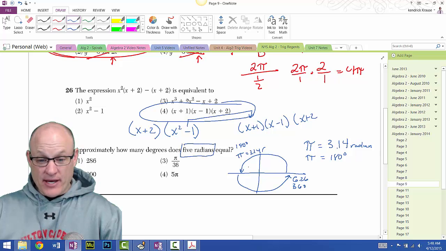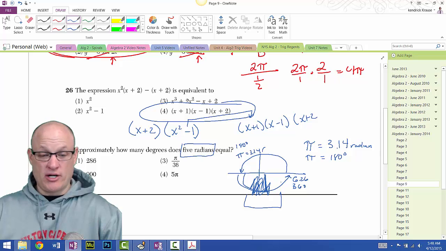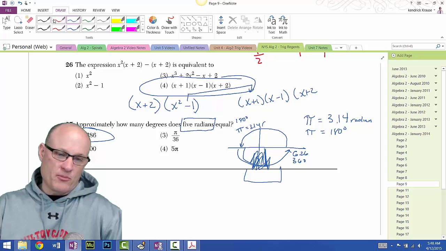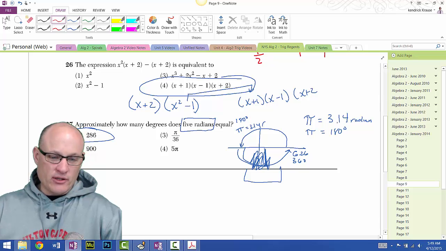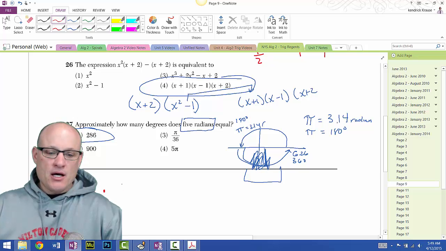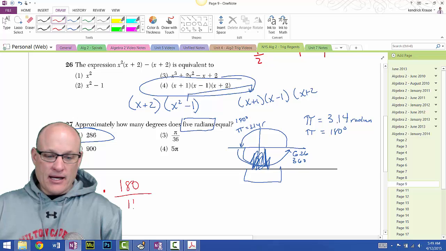I am going past 180, and I'm going to be somewhere in this area right here. Somewhere in the mid 200s. So I'm guessing that the answer is going to be 1. Now that's thinking your way through the problem. You can also, and I hope you remember this, to convert from radians to degrees, you take the radians and multiply by 180 over pi.